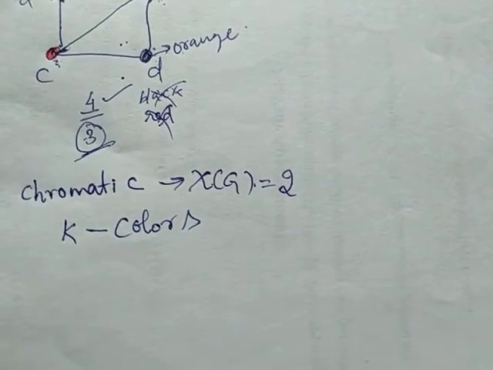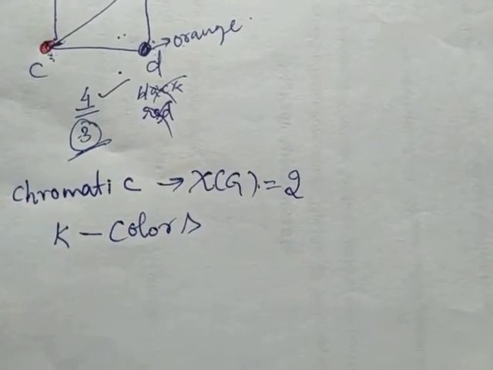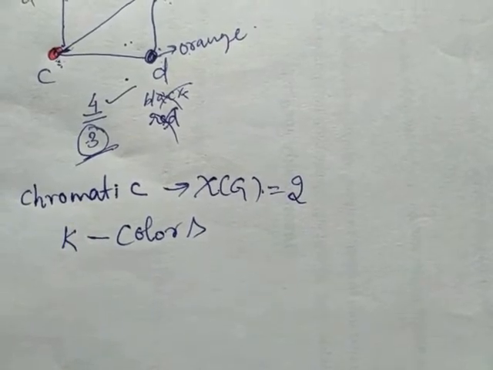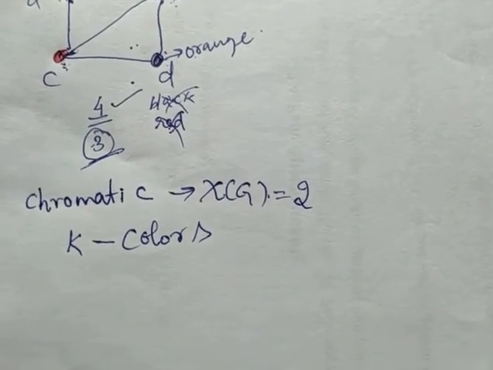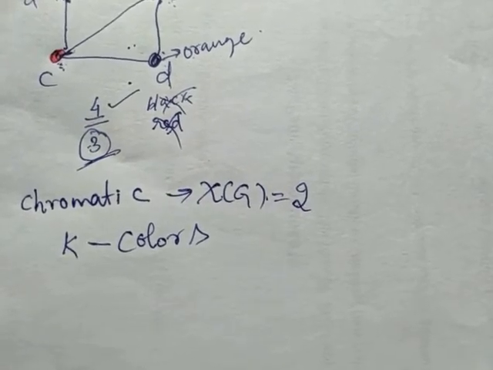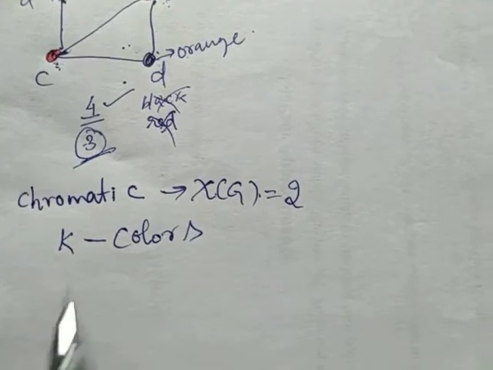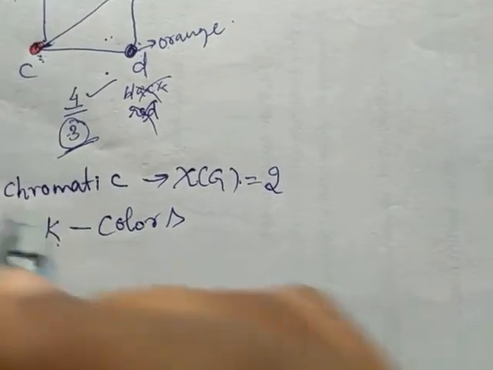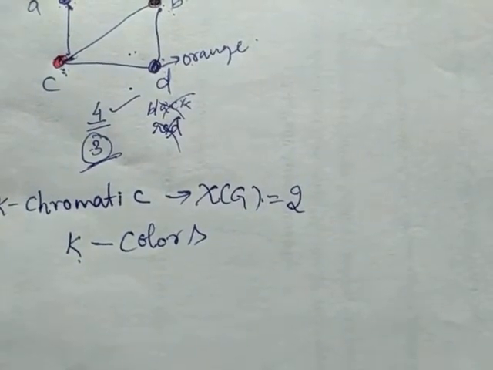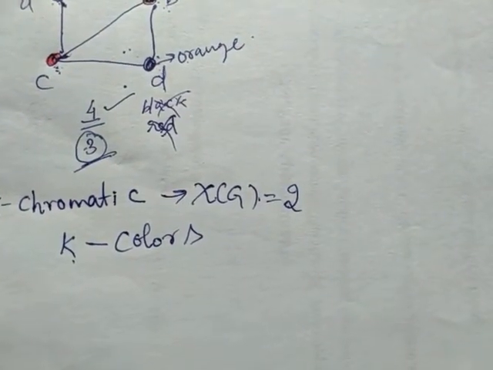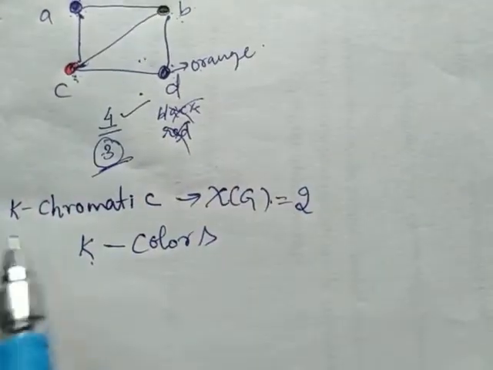Using k colors, if we color the graph, then it is known as k chromatic, and every k coloring of G is a minimum coloring of G. K chromatic graph means using k number of colors, we can color the graph properly.